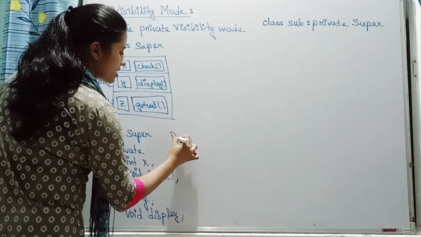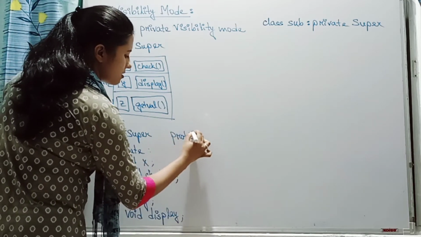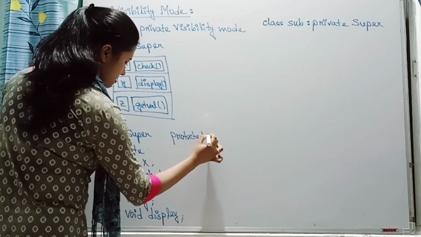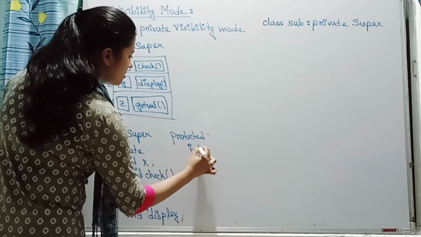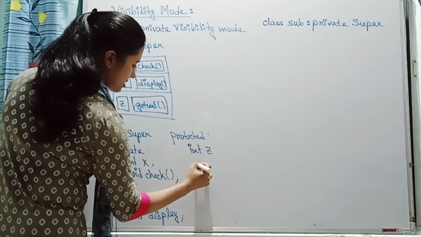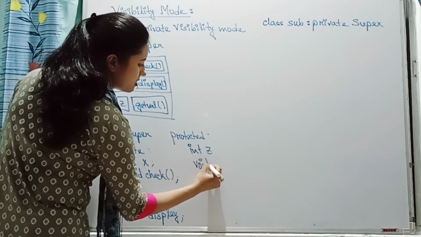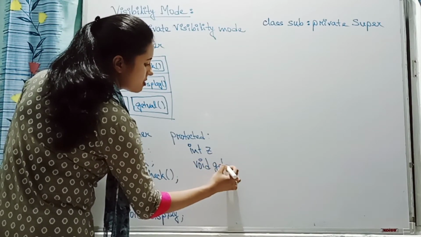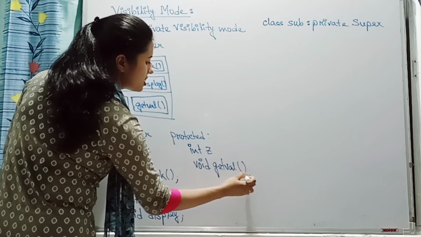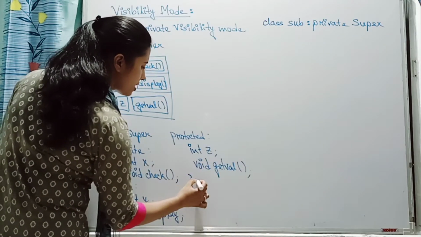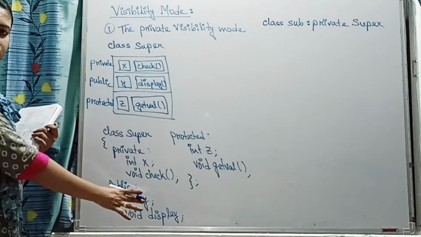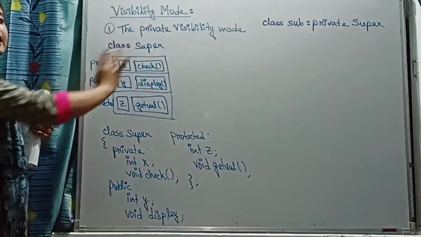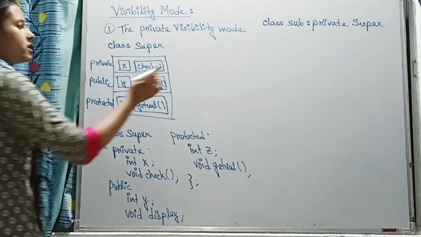And protected: int z and void getWell. Okay, this will be the definition of the class super. This is how the class super is defined, and this is the diagrammatical representation that I am showing.